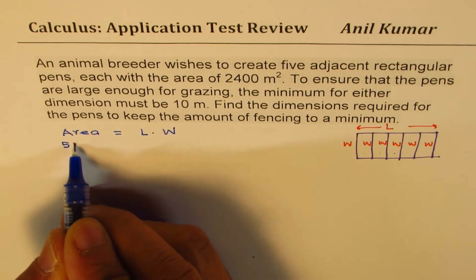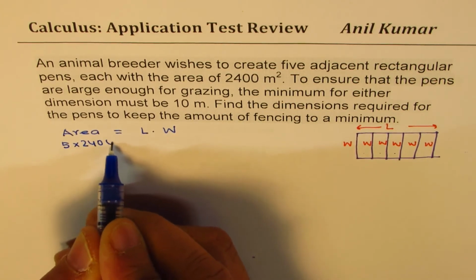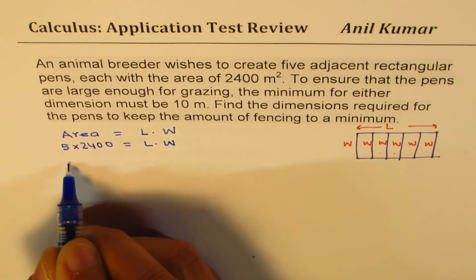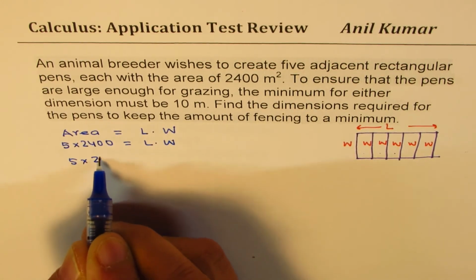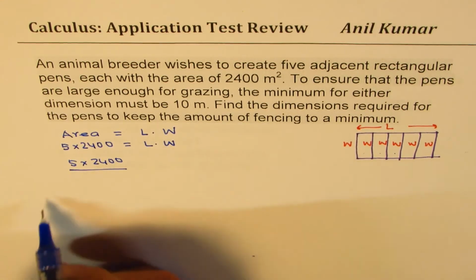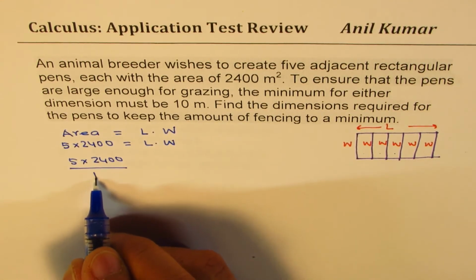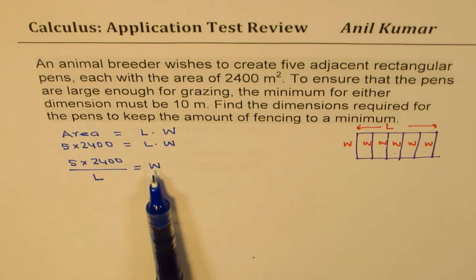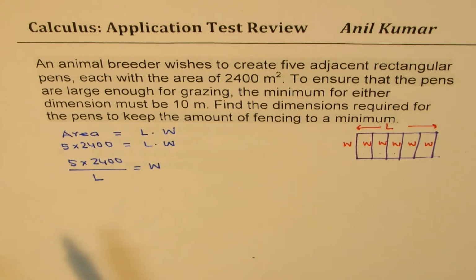So it is 5 times 2400 is length times width. So we could write 5 times 2400 divided by, let's say, length to give us the width. So we have a relation now where we are going to relate width with length.